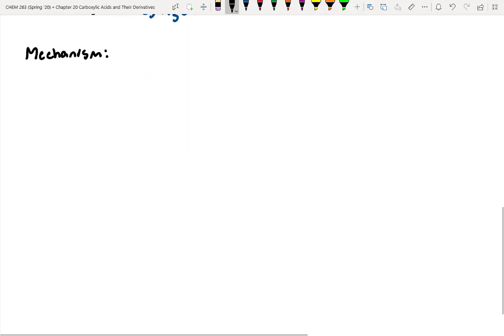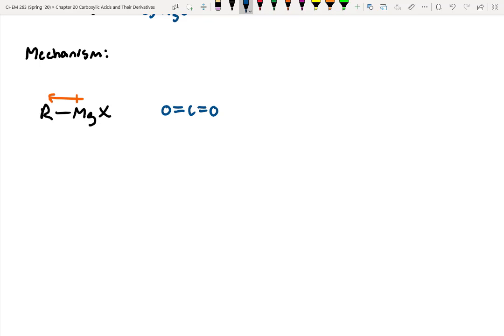All right, the mechanism's really straightforward. So let's say we have some generic Grignard reagent. The carbon is going to be way more electronegative than that magnesium. And then if we have CO2, this should be a carbon in the center. It's generally not thought of to be a good electrophile, but a Grignard reagent like this R is so good as a nucleophile, it can attack into the CO2.